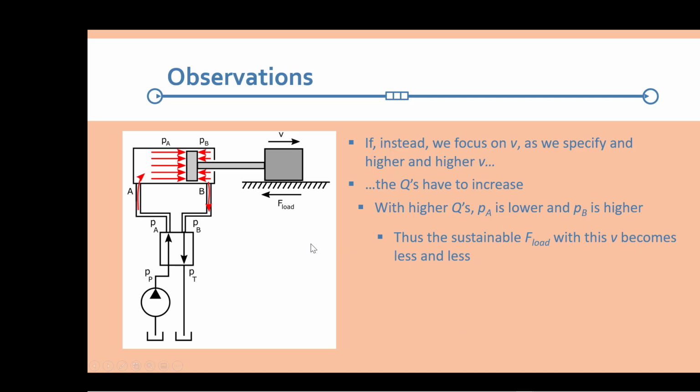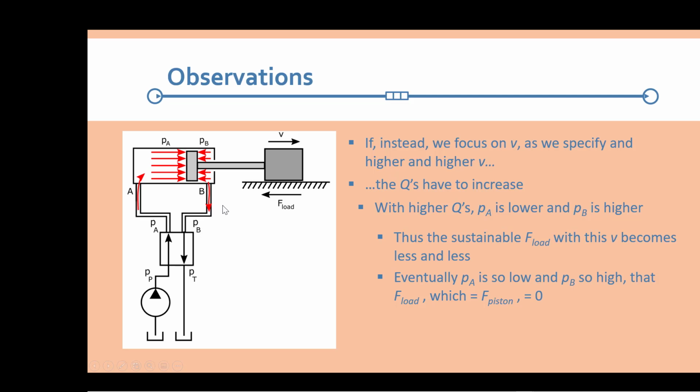And so if we keep increasing this V, the load that we'll be able to carry with that V gets to be lower and lower and lower. And eventually the pressure drop across here is so high that, if we look at this side, the pressure here gets to be so high that we have no load on the cylinder anymore.